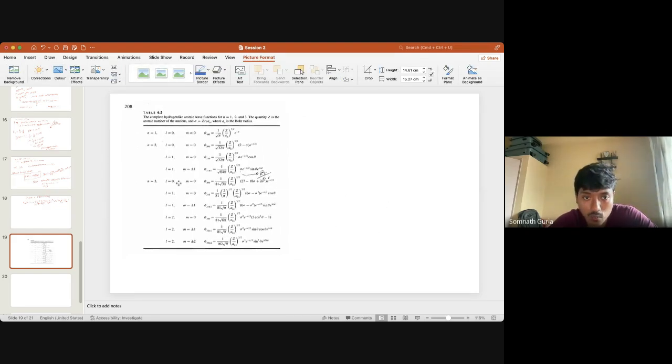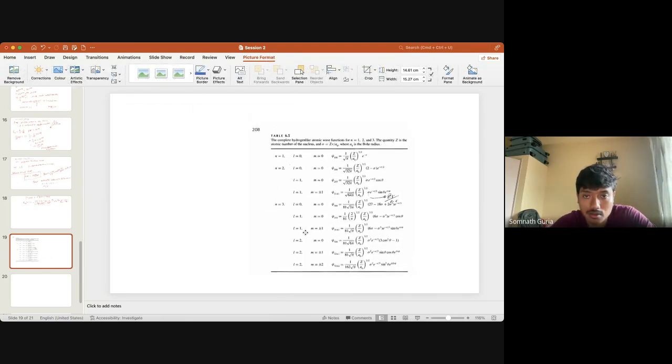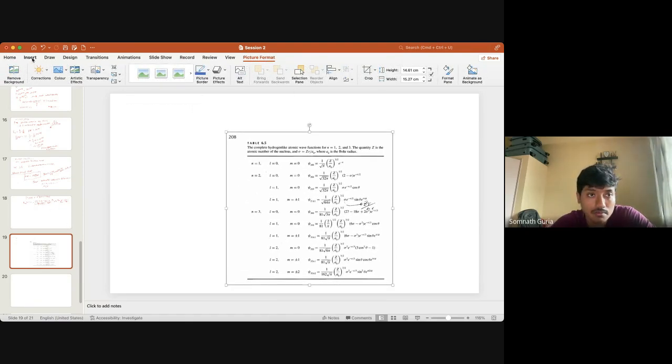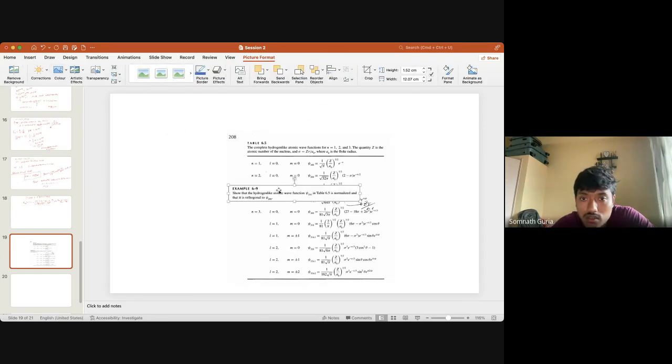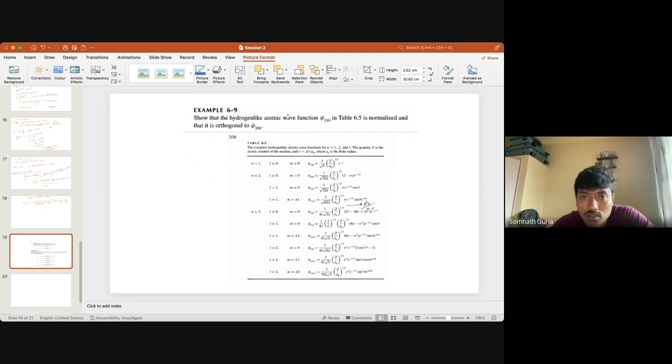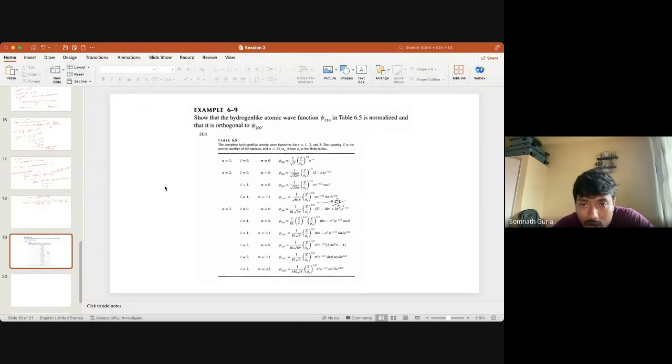Here is table 1, and let's solve the problem. Can you solve it?